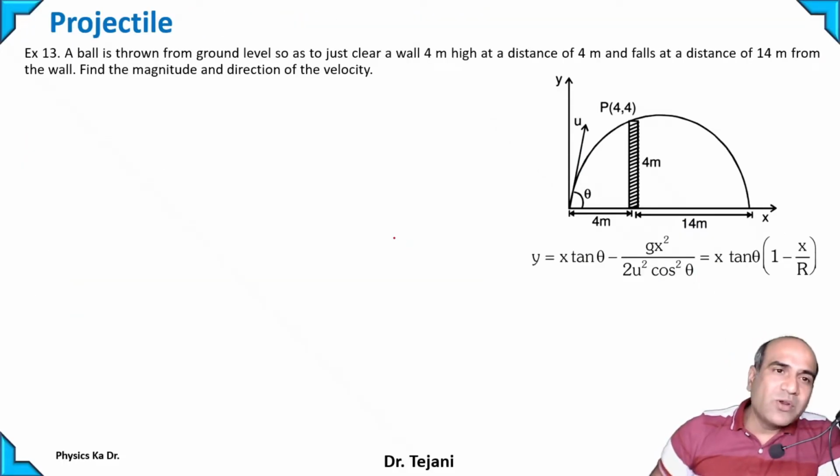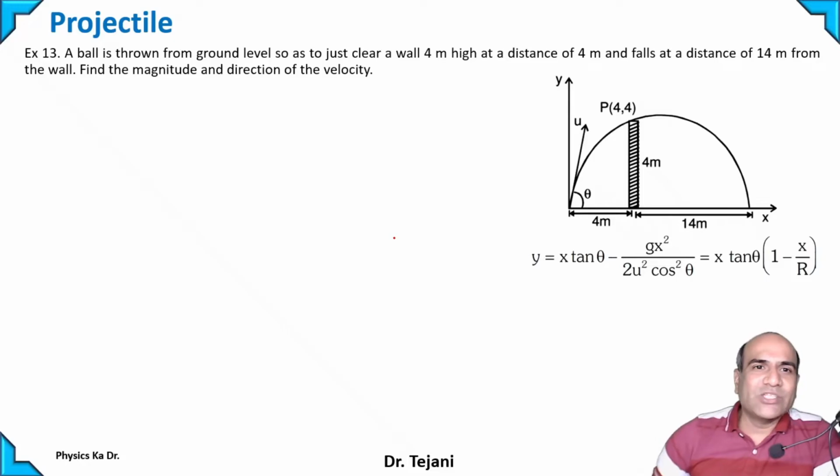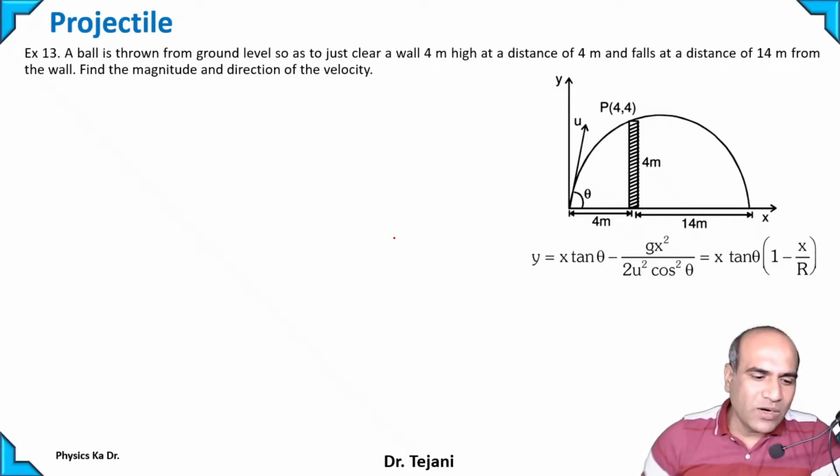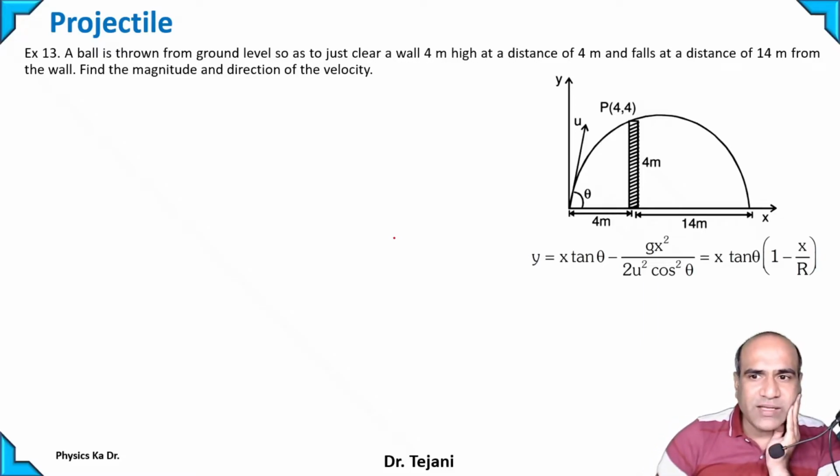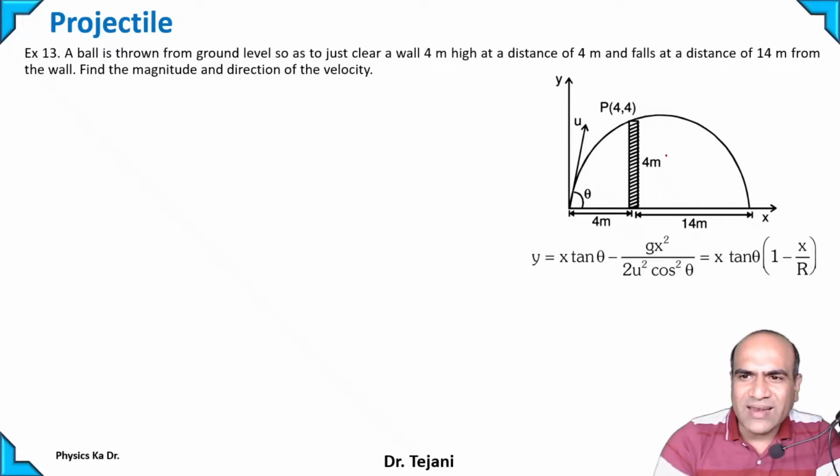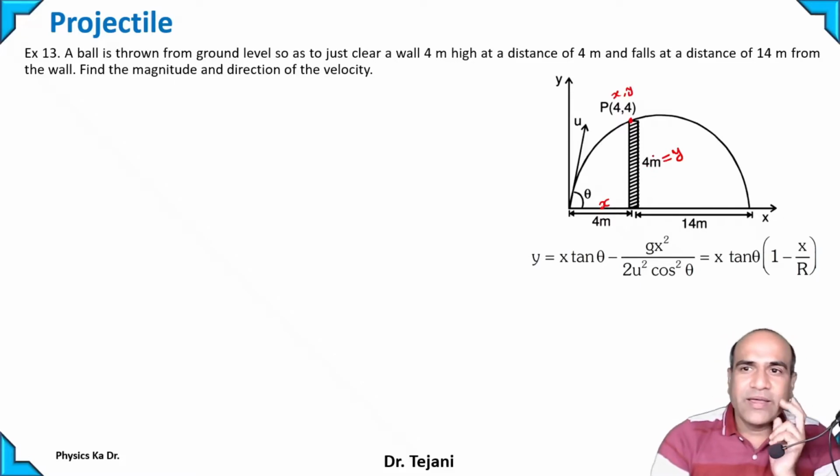We have one more question. A ball is thrown from ground level so as to just clear a wall. We had solved this kind of example previously also. So we can take this as a point, and in the equation, this is y and this is x. At a particular point P, x is 4 and y is 4, at a distance of 4.